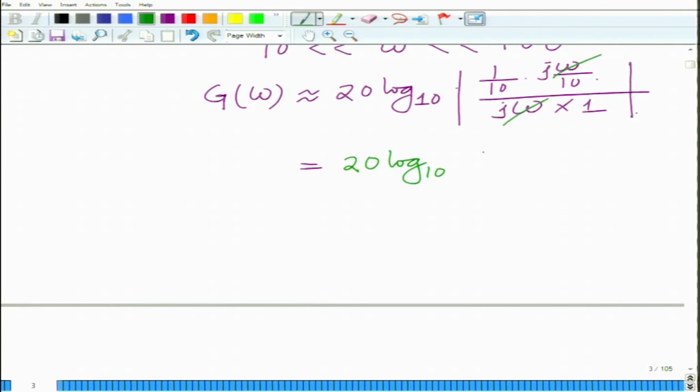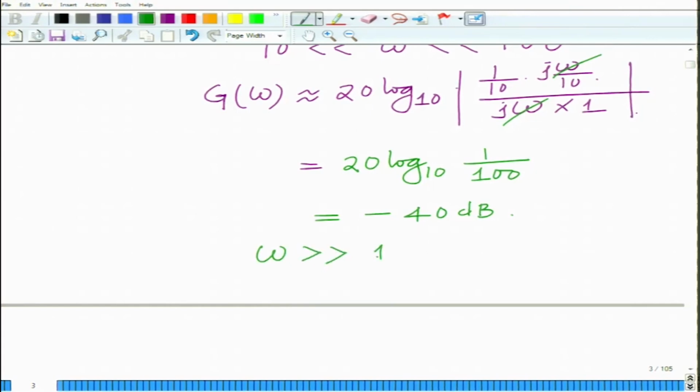So, 20 log to the base 10 of 1 over 100, which is equal to a constant minus 40 dB. So, when omega is much greater than 10 and much less than 100 radians per second, in that decade it is flat, it is minus 40 dB.